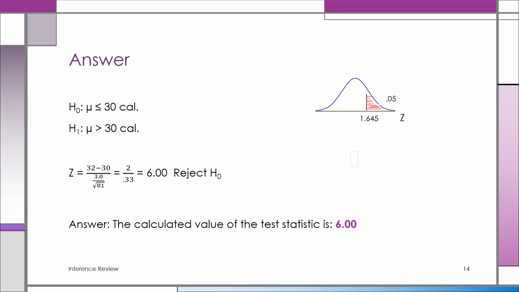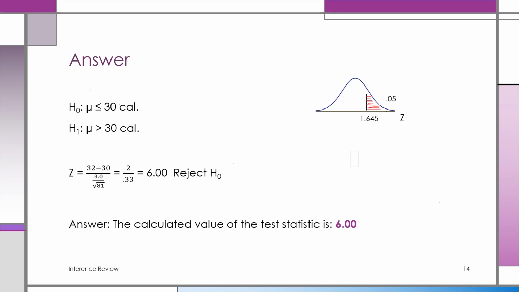All right, so here's the solution. Remember, your hypothesis test has four pieces. The first one, you're writing down your null and alternate hypotheses. Your null hypothesis is that mu really is less than or equal to 30 calories. That's the claim, at most 30 calories.